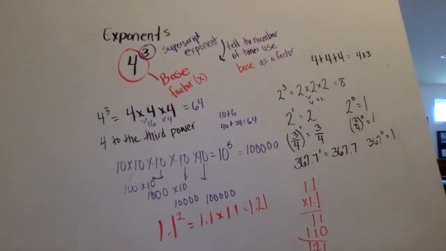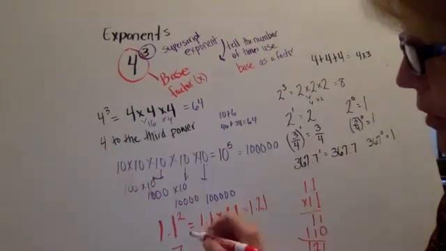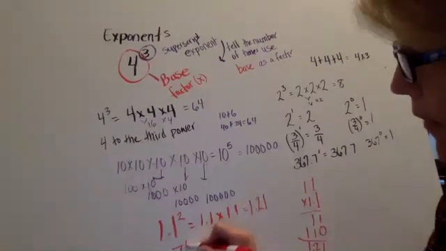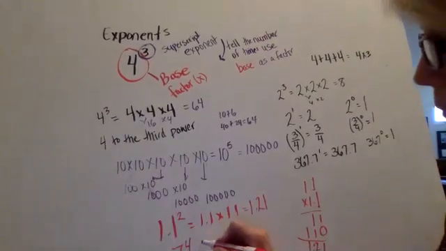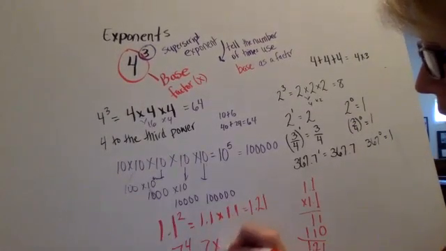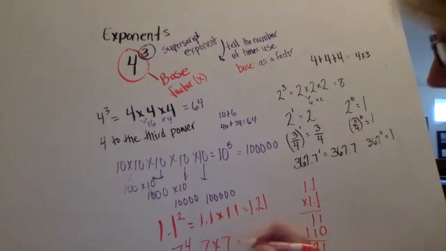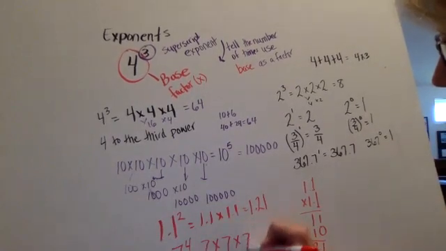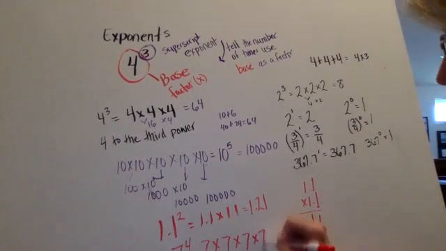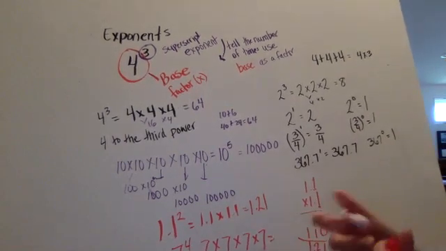I want to find out a different one. How about 7 to the 4th power? I'm looking right off the guided practice today. 7 times 7, I need 4 of those bases. I like using the word of because it reminds me I'm multiplying.